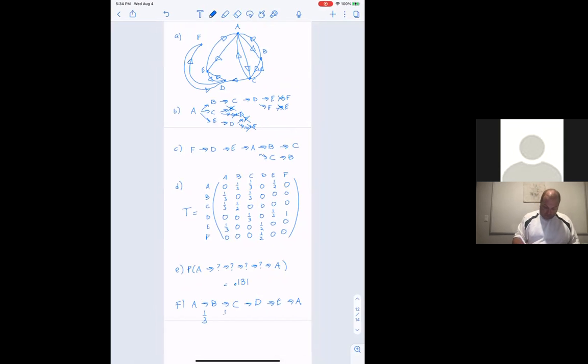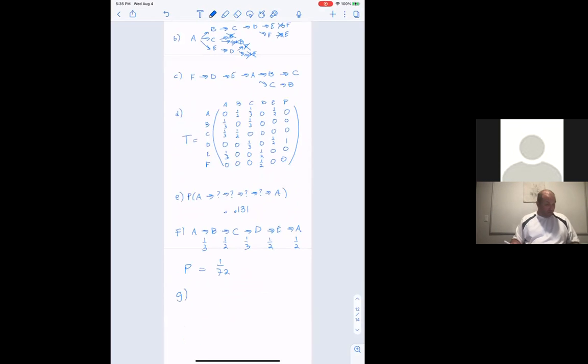B to C is a 1/2 chance. C to D is a 1/3 chance. D to E is a 1/2 chance, and E to A is a 1/2. Because we have a sequence of independent events, we just multiply, and the probability would be 1/72.